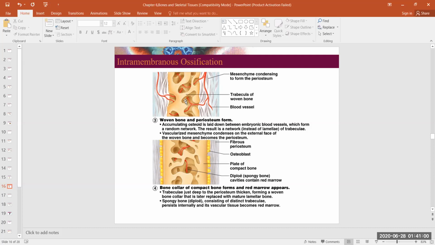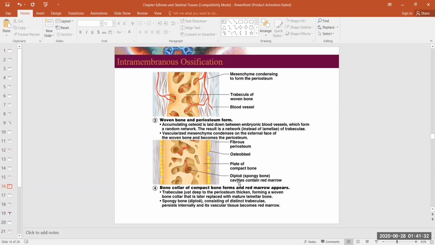They start making the periosteum. Then on the outside of the bone, some of the mesenchymal cells start making the fibrous connective tissue, which becomes the periosteum, okay? And then you have compact bone, with osteoblasts on the side adding bone and keeping the shape of the bones. This is called intramembranous ossification.